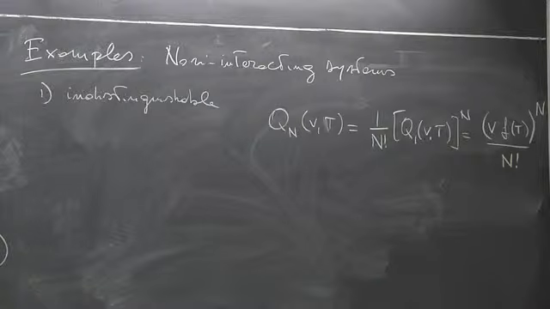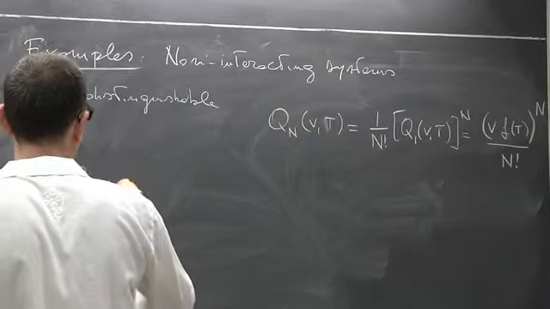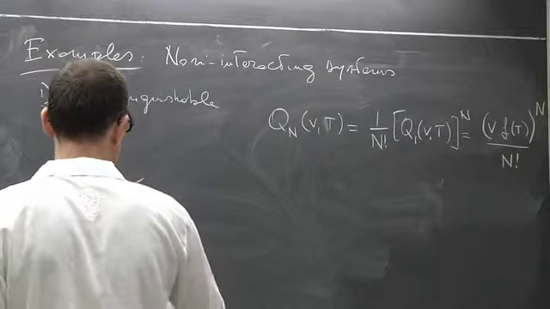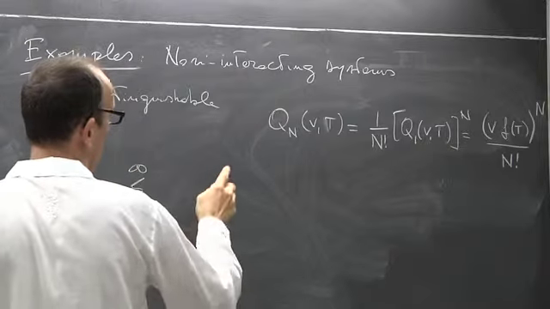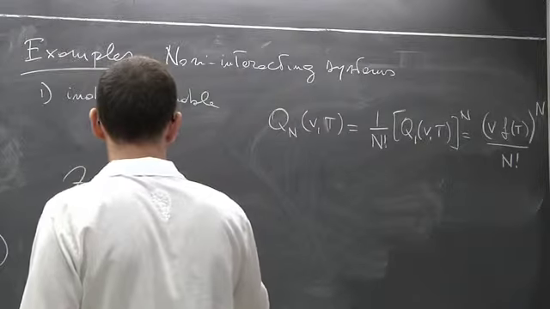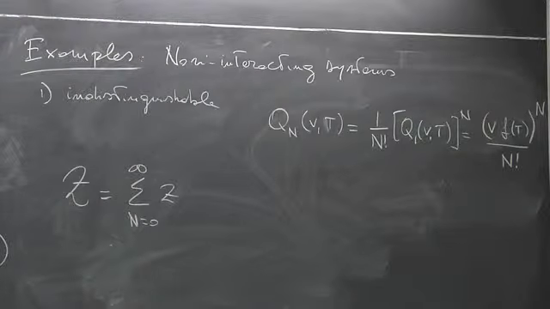Okay? So then the grand partition function is equal to the sum from n from 0 to infinity of z to the n times Q to the n.